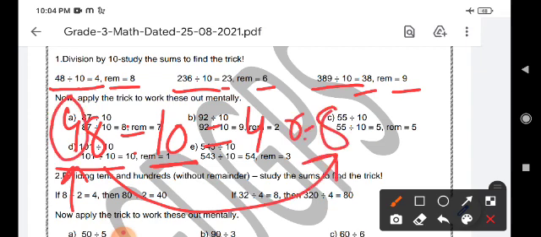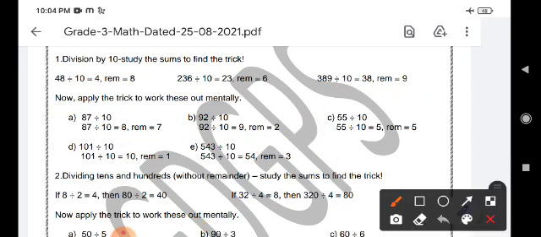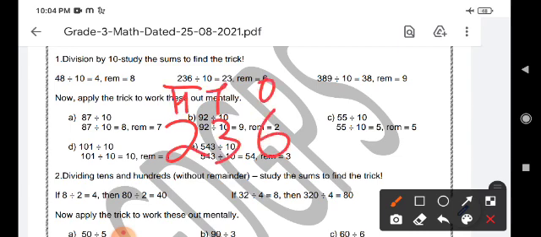First digit is the quotient, second digit, that is the ones digit, is the remainder. Now when you have a three-digit number, ones, tens and hundreds digit, in that way quotient is the hundreds and tens digit and 6, that is the ones digit, is the remainder.